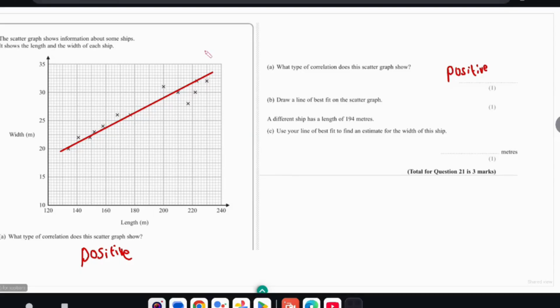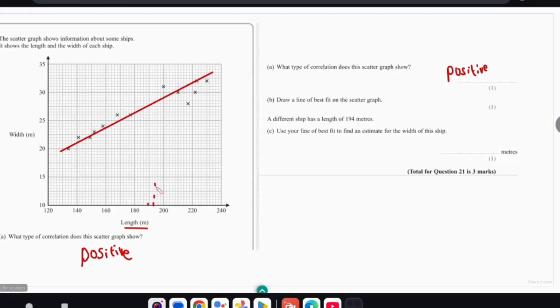A different ship has a length of 194 centimetres. Use your line of best fit. Find an estimate for the width of the ship. So if you look along the x-axis here, we've got length. Look at 194. There's 190. Be careful of the scale, it's actually going up in twos. So 192, 194 will be here.